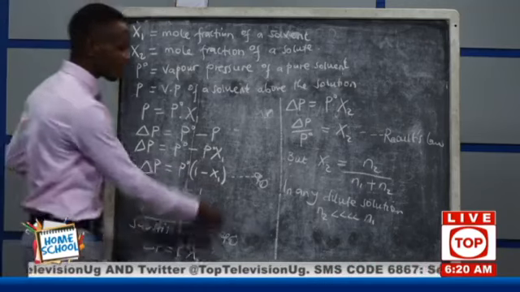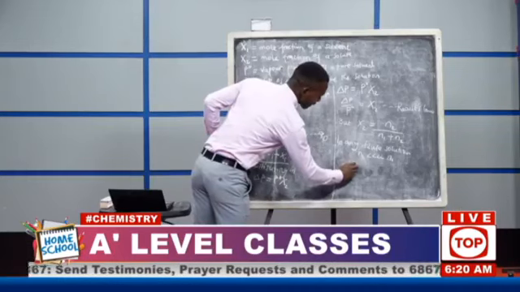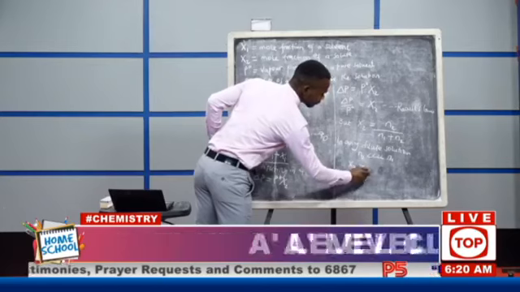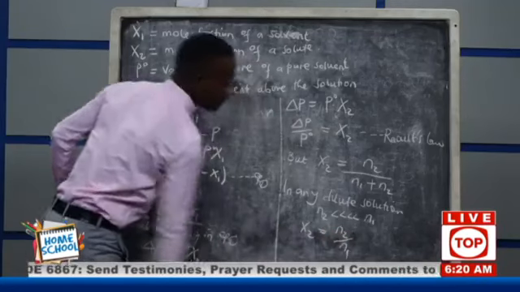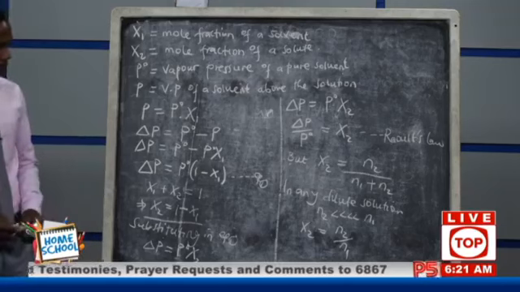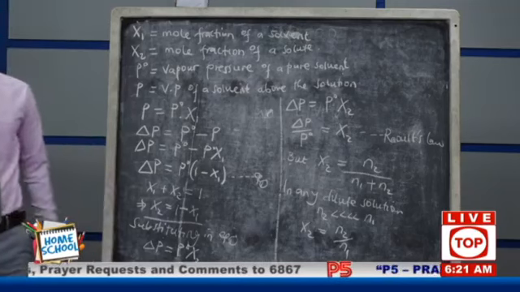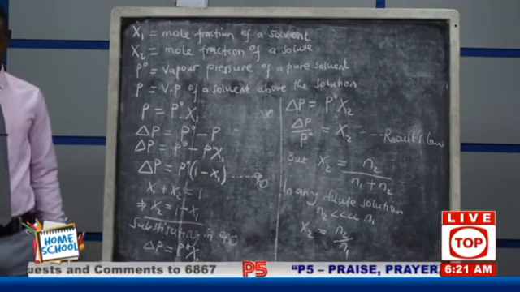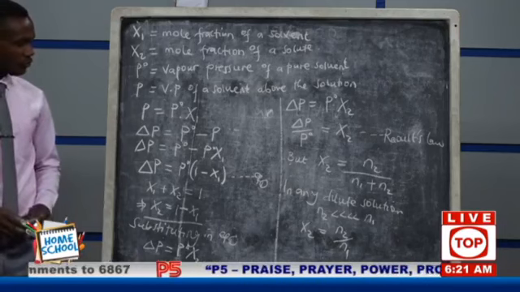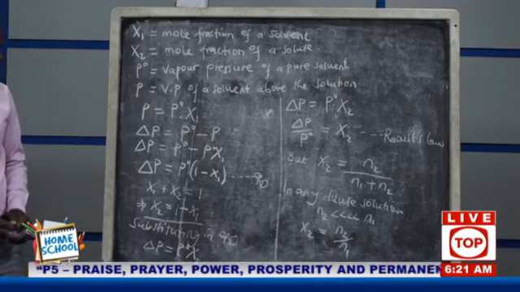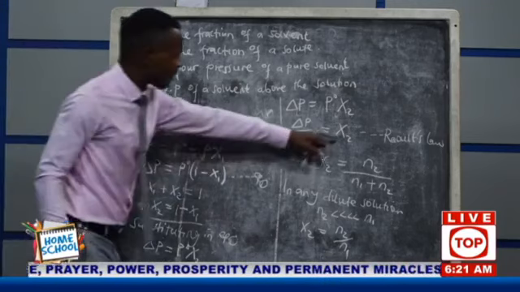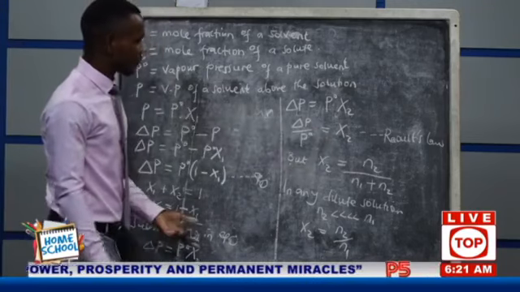So having stated that, it means that X2 will be equal to N2 over N1, okay? Are we together there? So where there is X2, we substitute it.